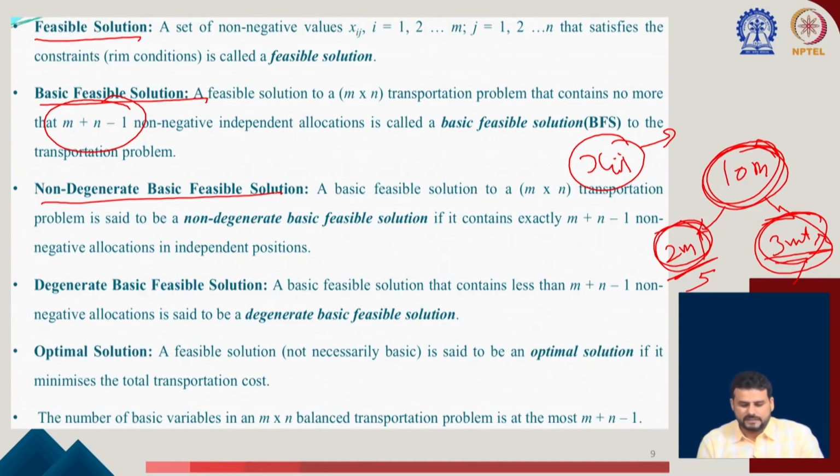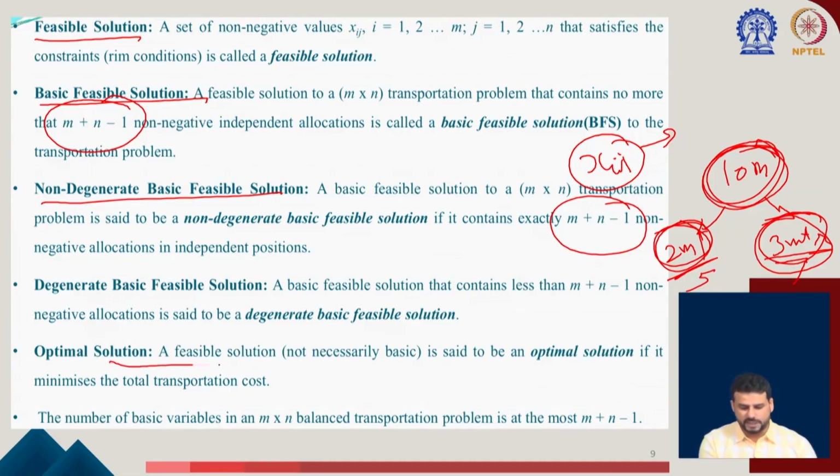Non-degenerate basic feasible solution. A degenerate solution is when any decision variable, a basic variable in the basic feasible solution, gets a value of 0, right. So we need to remove the degeneracy. If in this transportation problem we have exactly m plus n minus 1 non-negative allocations at independent positions, then we call it a non-degenerate basic solution.